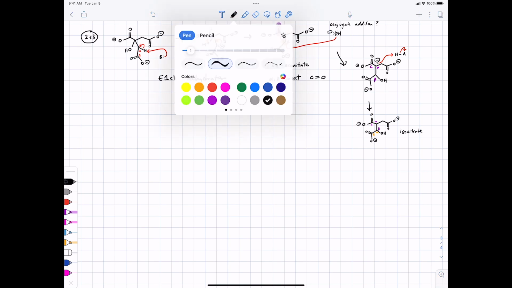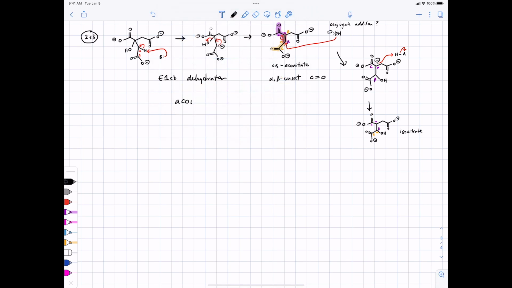The enzyme that does both of these steps is called aconitase. So it's a dehydration followed by conjugate addition. You're literally moving the OH group from this carbon to this one. All right. Questions you want to ask there?